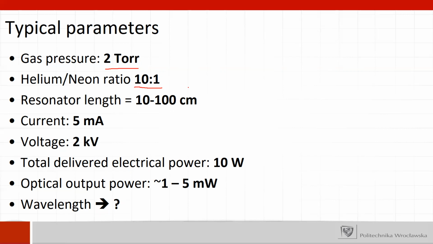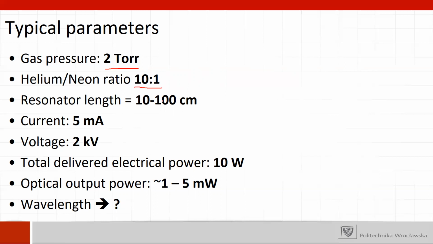Okay, so the light is generated by neon atoms. Helium is only there to fill the tube and to provide the energy to neon, because in the process of discharge, we excite the helium atoms and then they transfer the energy to neon.